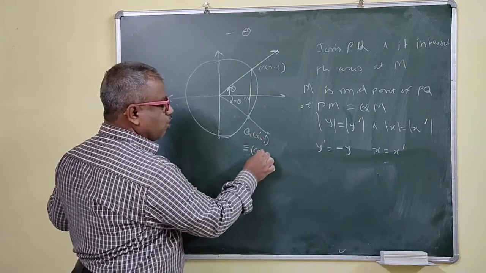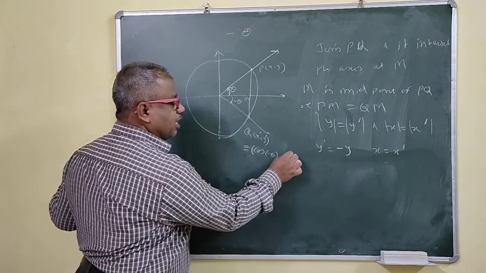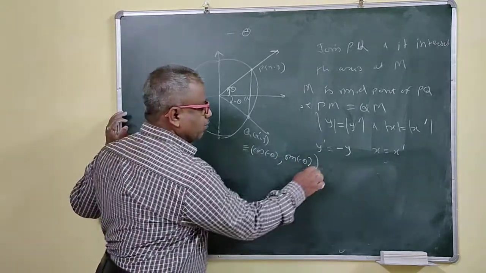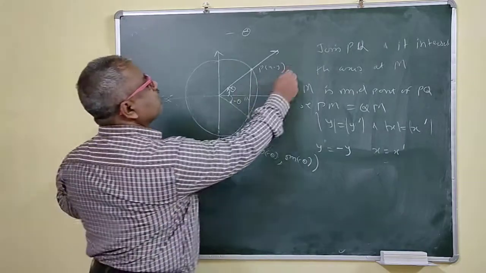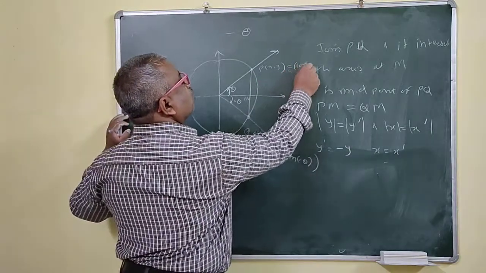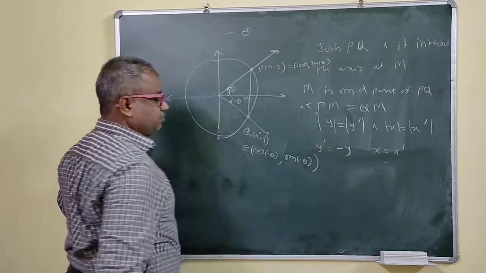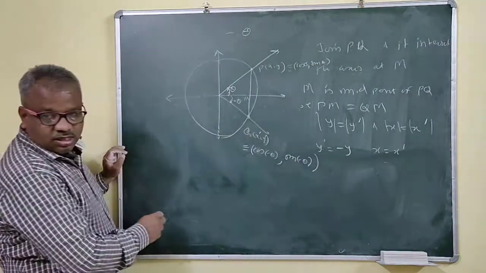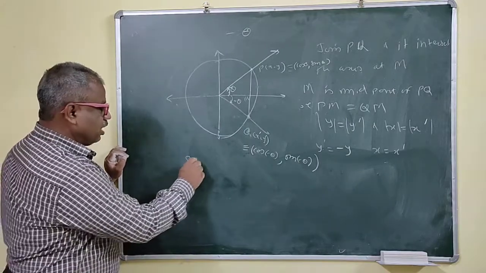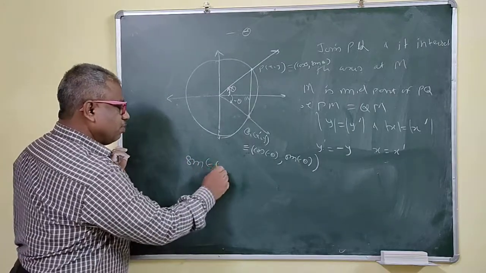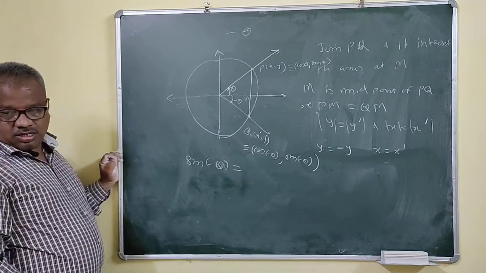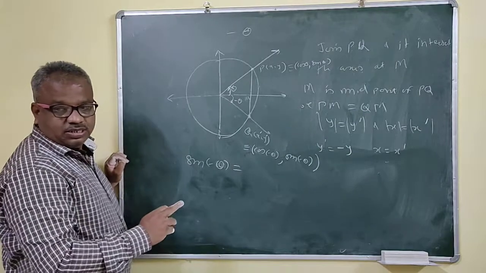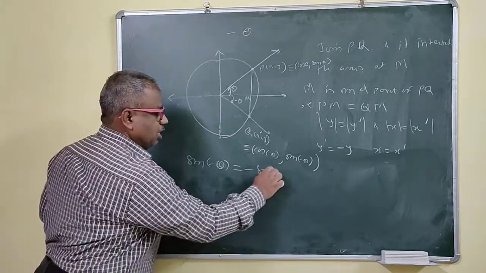X prime is cos of minus theta, and y prime is sine of minus theta. This point is cos theta, sine theta. Now y prime is sine of minus theta, which is the same as minus y. Your y is sine theta, so sine of minus theta is minus sine theta.